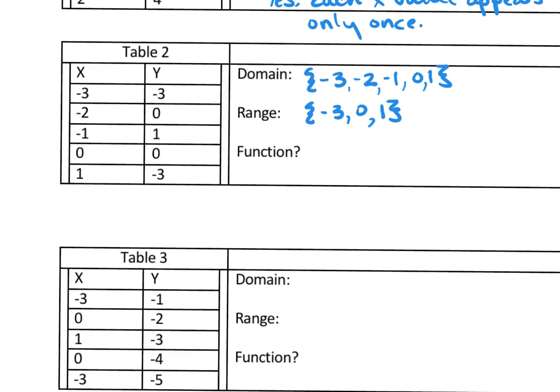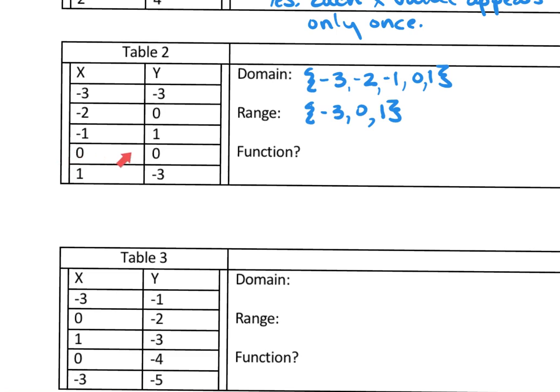And so even though we have a couple y values that appear multiple times, remember that for a function, we only care about the x values. And so when we look at our x values, our x equals -3, does it go anywhere else other than -3? And the answer is no. And if you do this with the other ones, we still are okay. -2 only goes to 0.